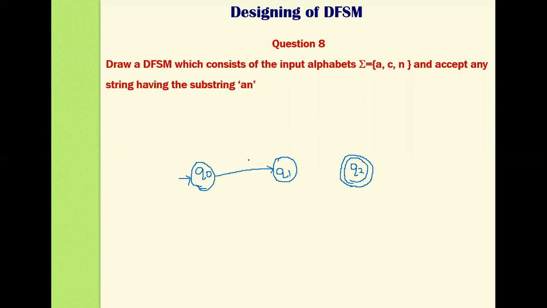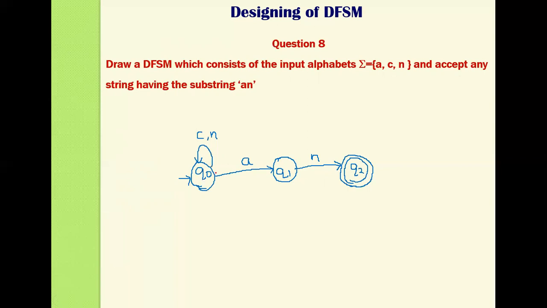So upon A, upon N. Now Q naught upon the other input alphabets, that is C and N. I can have C and N inputs at the beginning, no problem, because my string should have the substring A followed by N. That means AN should be the substring. So it is possible. Now let us try going with Q1.